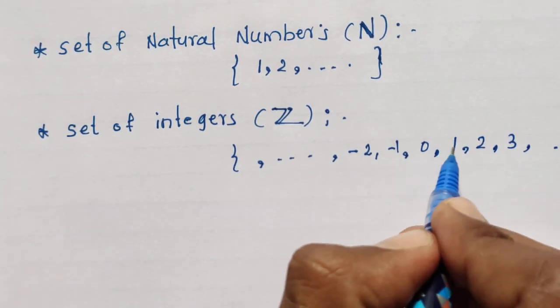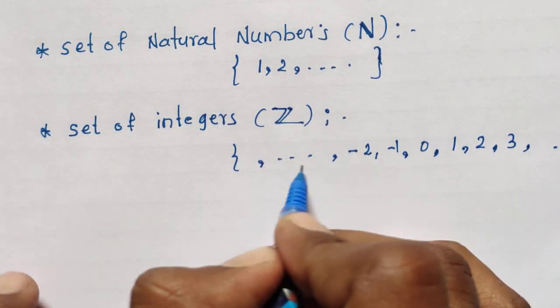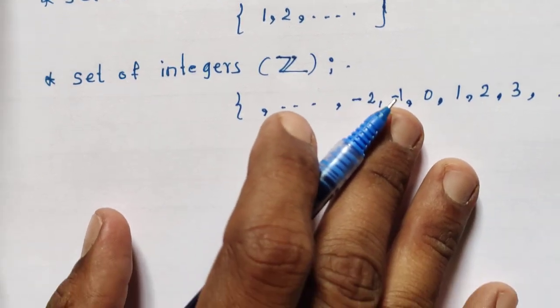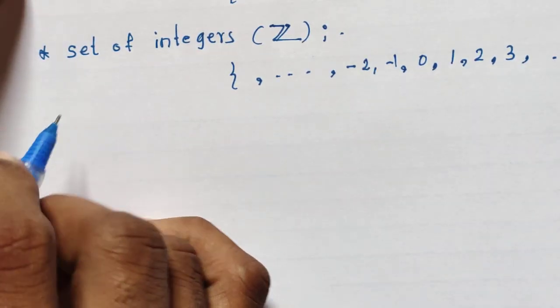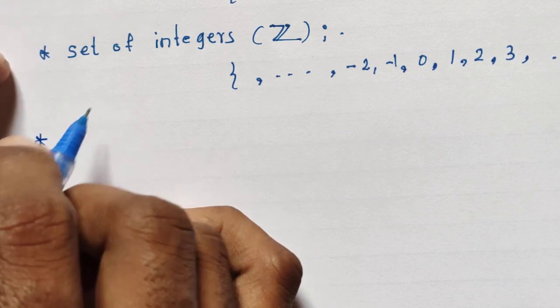That is, all natural numbers, negatives of all natural numbers, and 0 form the set of integers. Suppose the third set is the set of rational numbers.